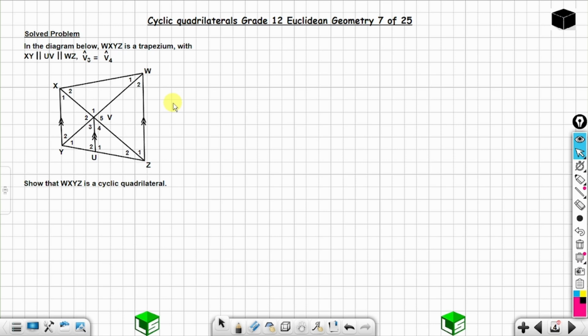The second one says when you have an exterior angle equal to the interior opposite angle, then you have a cyclic quadrilateral. But in this situation, you don't have an exterior angle. The third one says if you have angles in the same segment subtended by the same chord or the same arc equal to each other, then you have a cyclic quadrilateral.